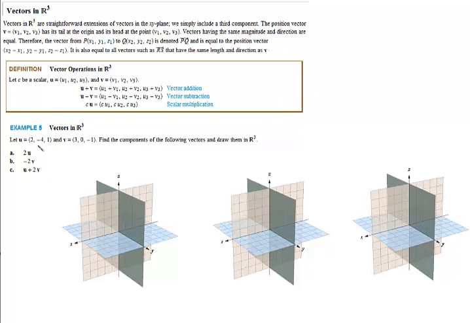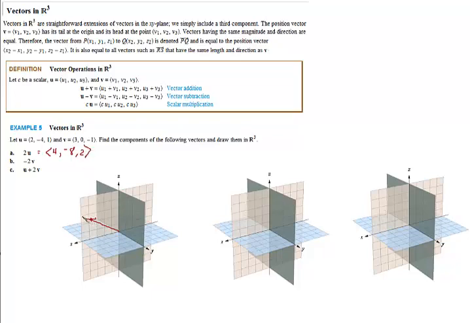Everything just extends. I'm going to attempt to draw this vector. 2 and then -4 would go to the left, 1, 2, 3, 4, and then it goes up 1. So there's that vector u in 3 space. I need 2u. That just means that 2u would then be 4, -8, 2.